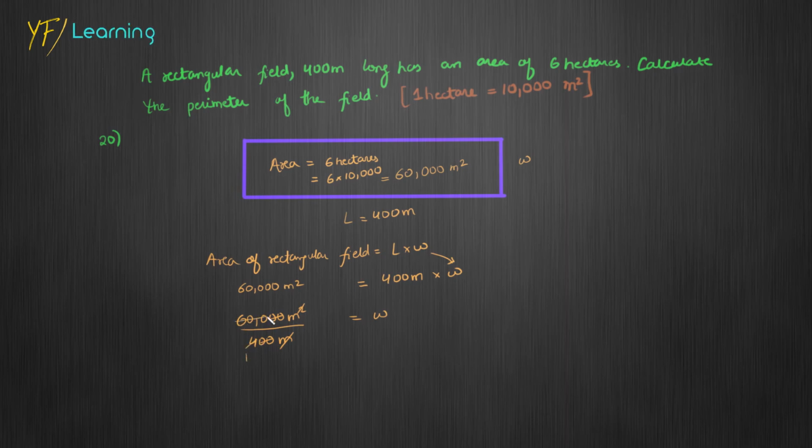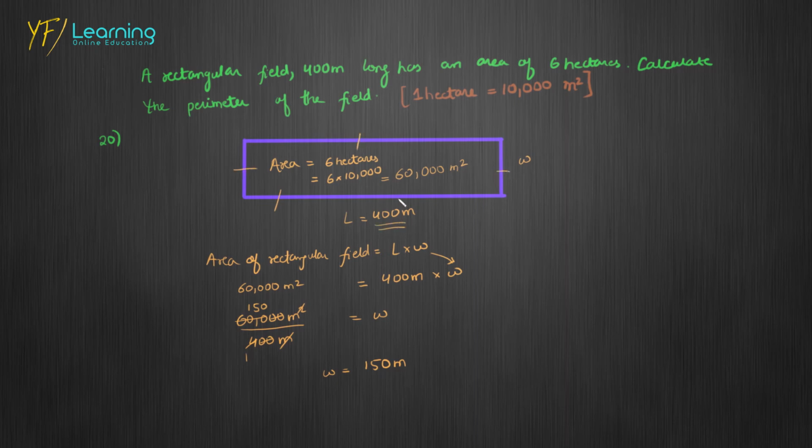Meter cancels with square and 20 cancels with 20. So it is 600 over 4. 4 ones are 4. 4 150s are 600. So width is equal to 150 meter.